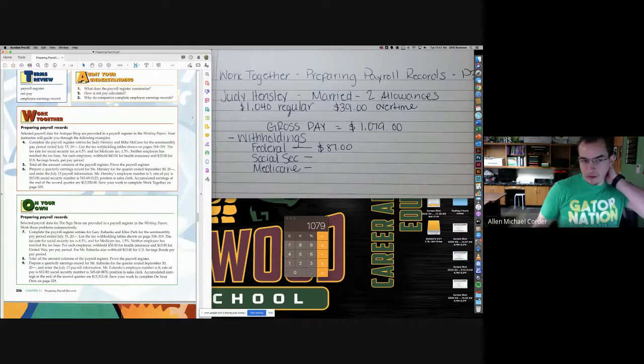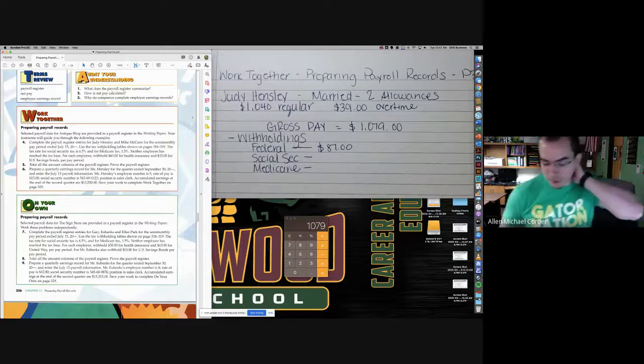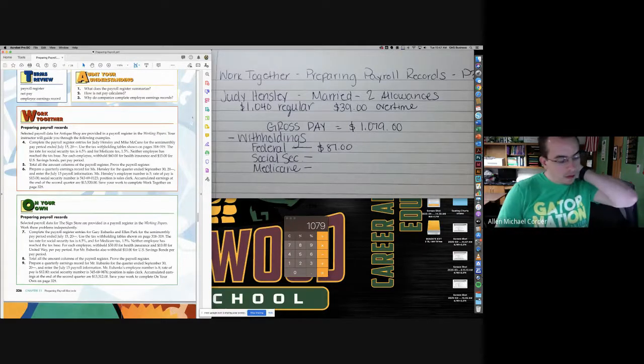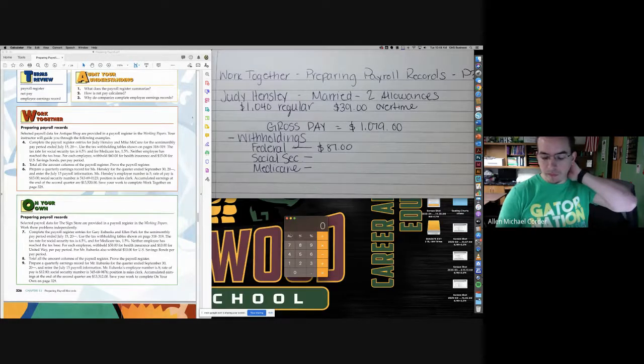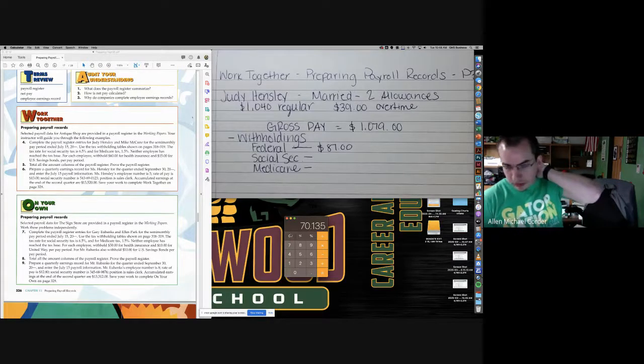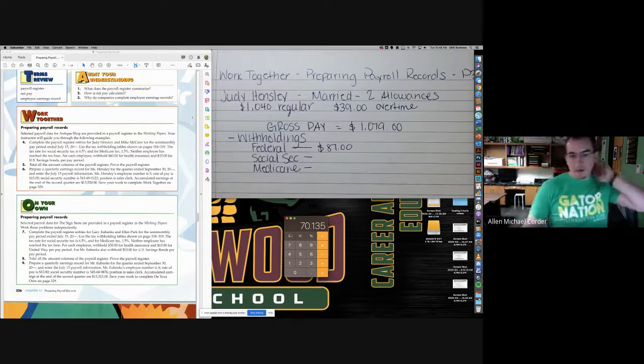Social Security is found by multiplying 6.5% by the gross pay. 1,079 in your calculator times 0.065, sorry, my bad, not 0.65. 1,079 times 0.065 equals $70.135.